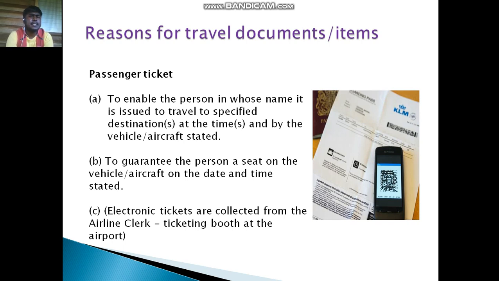So the tickets are very important. If you don't have a ticket, you cannot travel. You might have all your other documents, but the ticket shows that you have paid for the service to travel on an airplane, and you have paid for a seat. It also states what class of travel you have paid for, if it's first class, second class. It will show those things. If you don't have a ticket, you cannot get on the plane. So the ticket is very important.